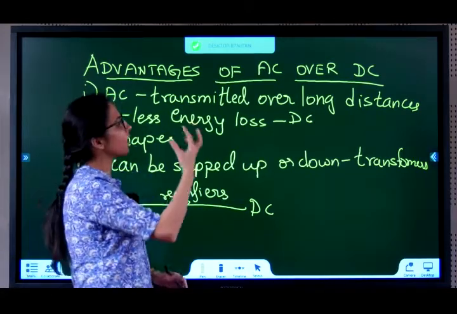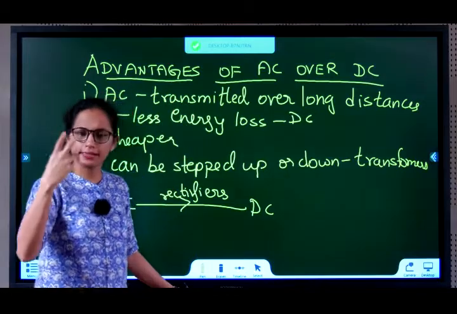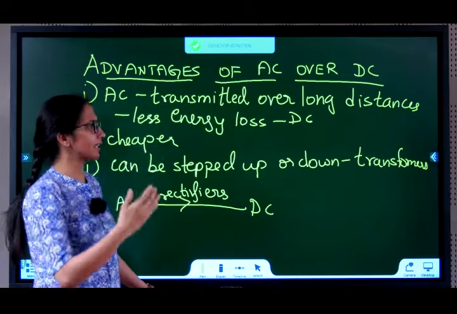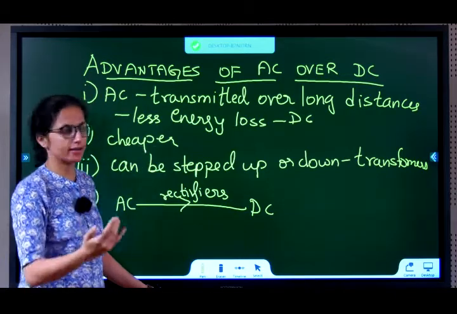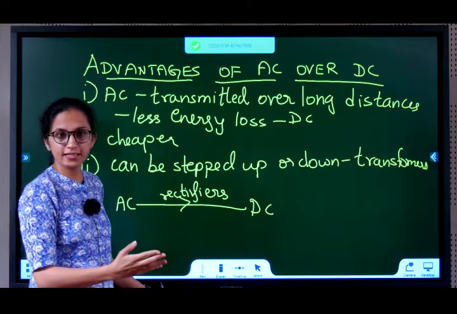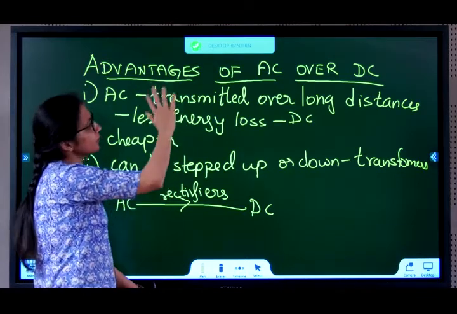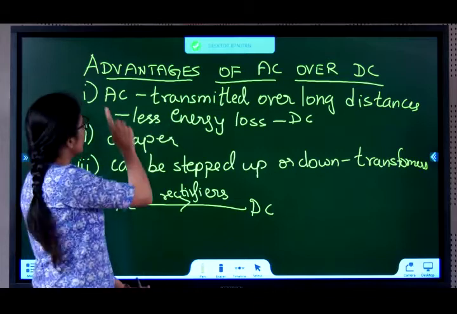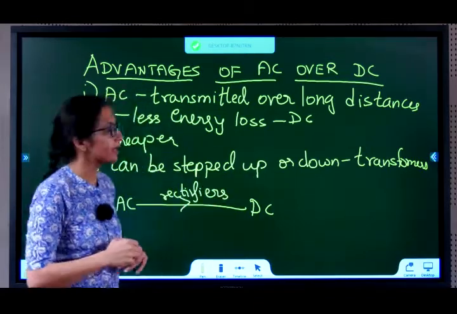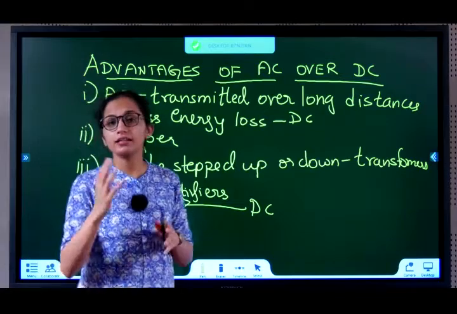Understanding how AC is related to domestic circuits, and what is really happening when it reverses current, is a little complex to understand at this level. You will understand that in higher classes. For now, we just need to know the working of an AC generator and a few reasons why we would select AC over DC. AC can be transmitted over long distances with less energy loss compared to DC.